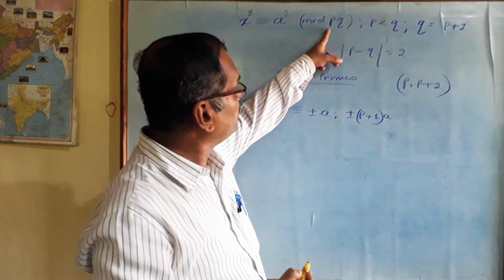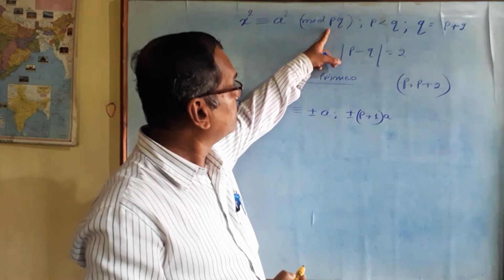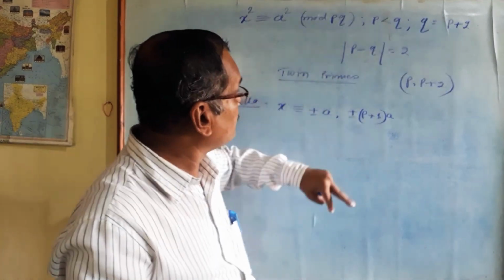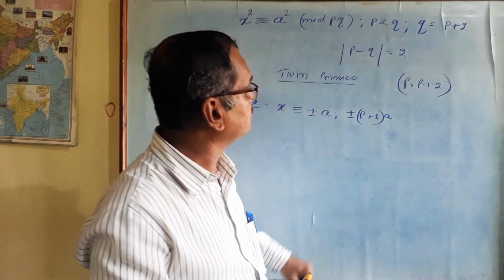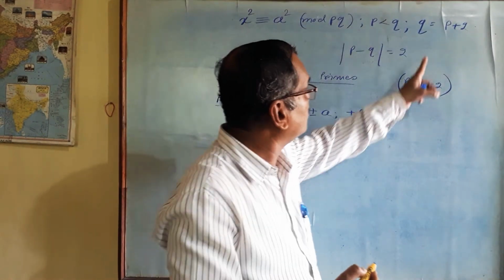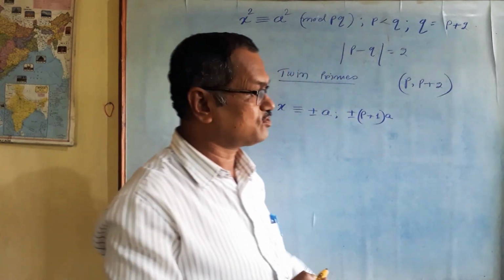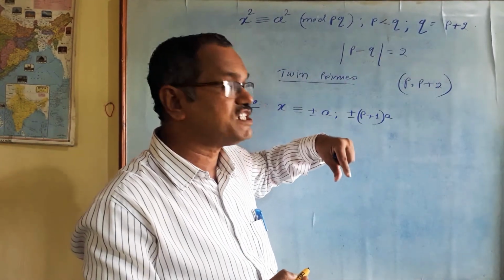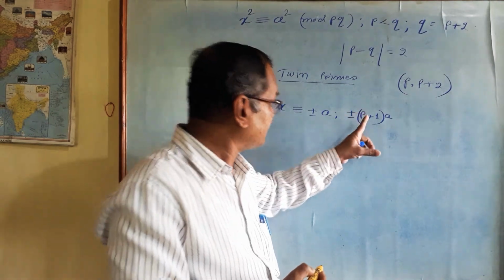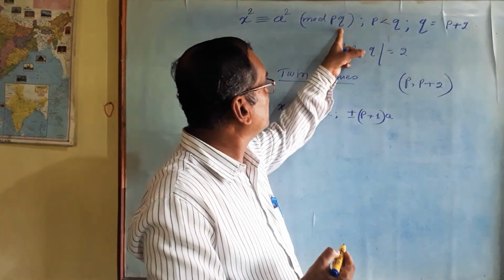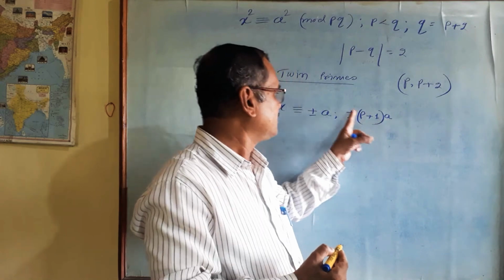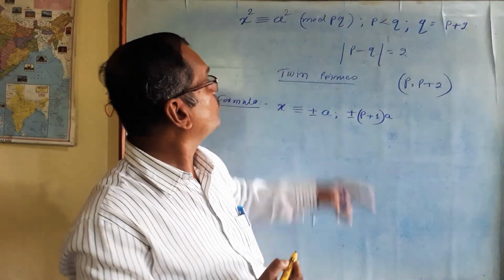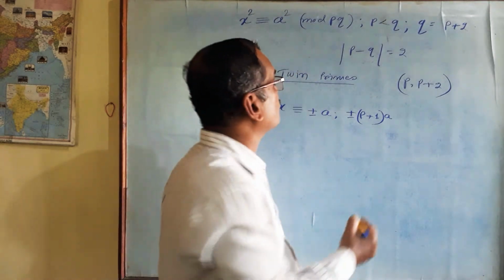Here p is the first prime, q is the second prime, and p plus 1 is the number between p and q, because q is equal to p plus 2. So in between p and p plus 2 there is the number p plus 1, and that middle number of p and q multiplied by a gives the two other solutions. In this way, this gives the 4 solutions of this quadratic congruence.